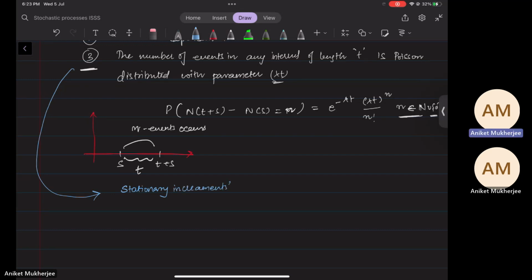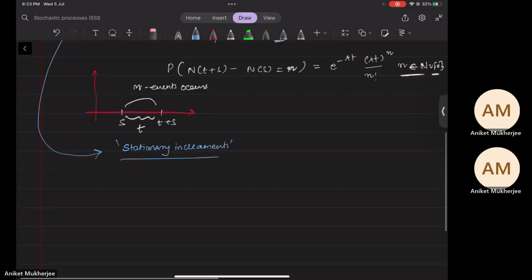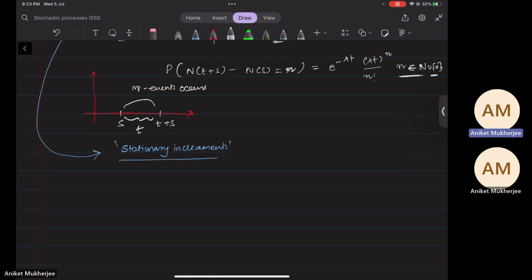So two non-overlapping intervals with the same length will have the same distribution. You look at the same length anywhere, it will have the same distribution. And since it is a Poisson distribution, we know that the expectation of the Poisson distribution is the parameter itself. So expectation of N(t) equal to lambda t. So lambda is the rate of the process.